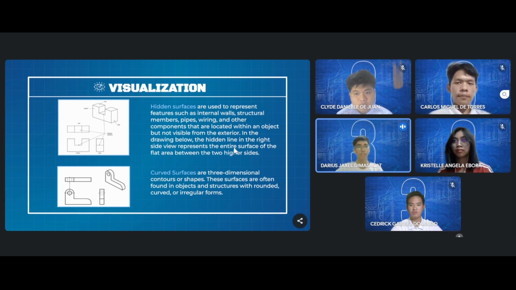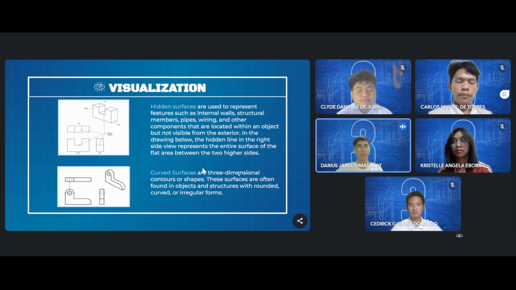Curved surfaces, on the other hand, are three-dimensional shapes or contours. They are often found in objects or structures with round, curved, or irregular forms. These surfaces give a realistic and detailed view of shapes that aren't flat.